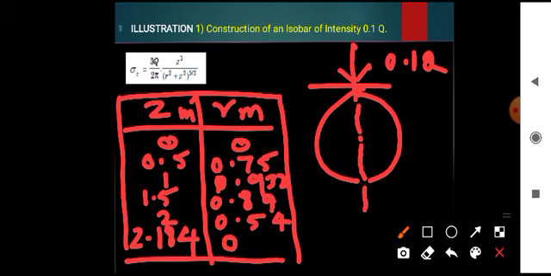Now, using these various values of z as well as the radial distance r, we can plot an isobar.